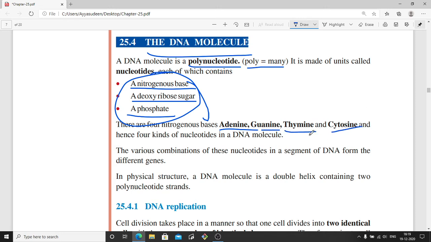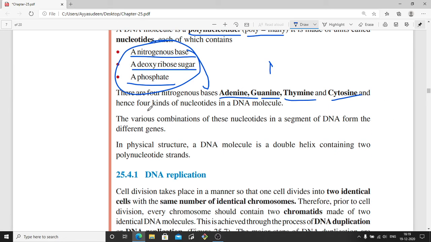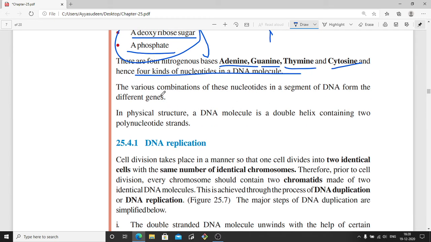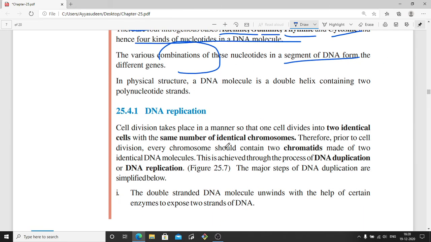You have to remember this: AGTC. These are the four kinds of nucleotides in a DNA molecule. There will be different combinations of these nucleotides in a segment of DNA from different genes.